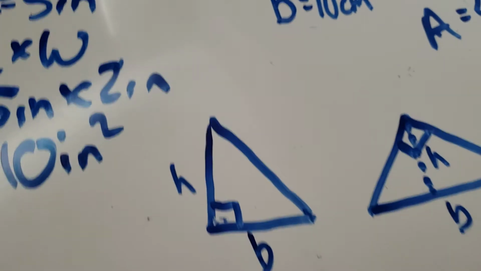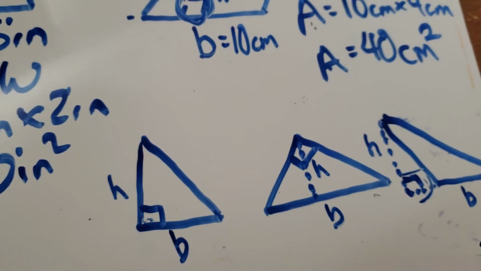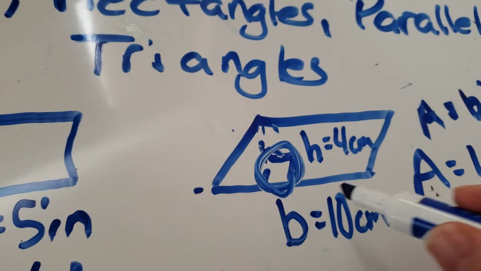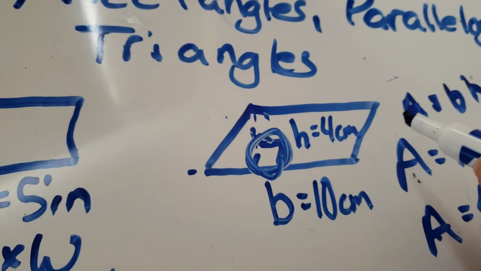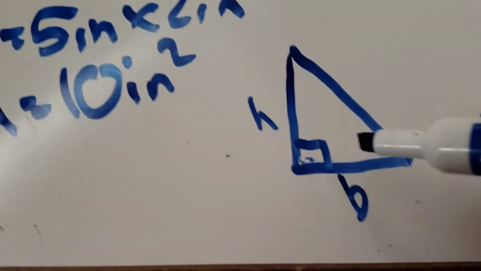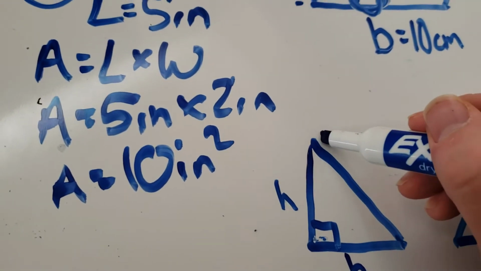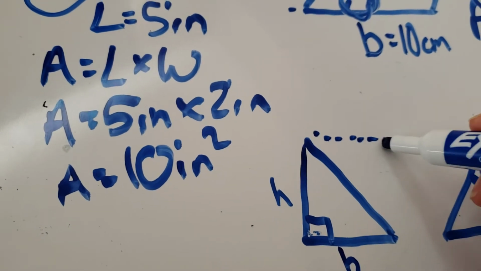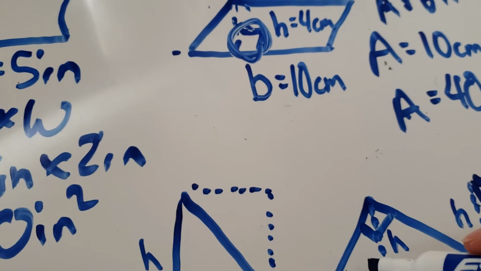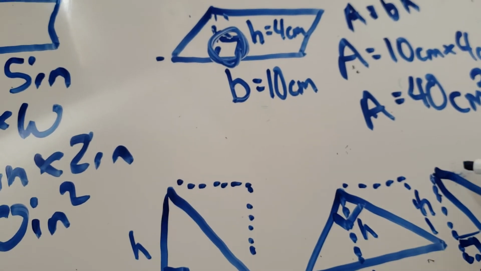Now, for any triangle, the area of a triangle is the base times the height. But remember up here, when we took the base times the height, we actually got a parallelogram. If I were to simply take the base times the height for this triangle, what I would get is a parallelogram. Same idea here, base times height, I would get a parallelogram.